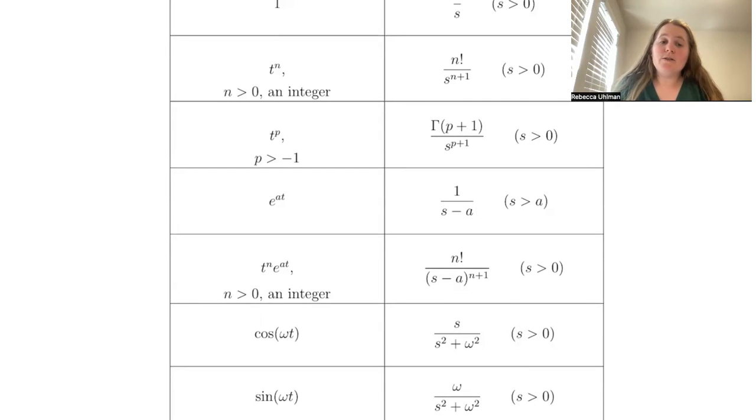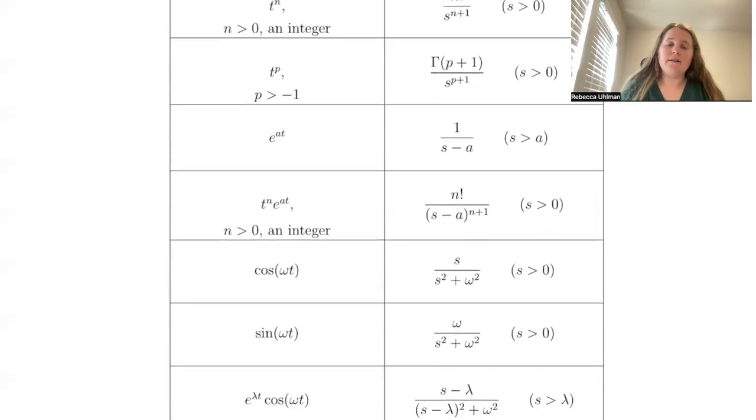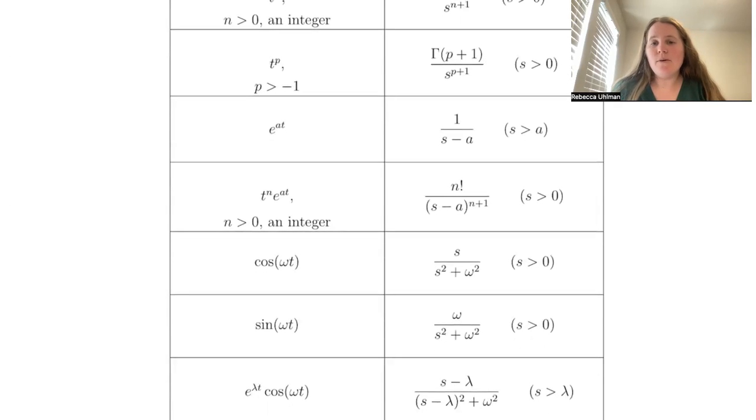Looking at this table, we do have a row with t to the n times e to the at. We have an s minus a over some power of n down below. In this case, it's s minus a to the n plus 1, but that will take care of our powers. And we also have e to the at corresponds to 1 over s minus a.